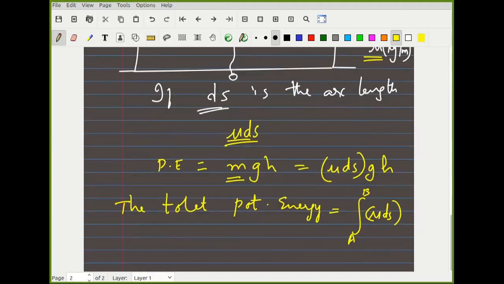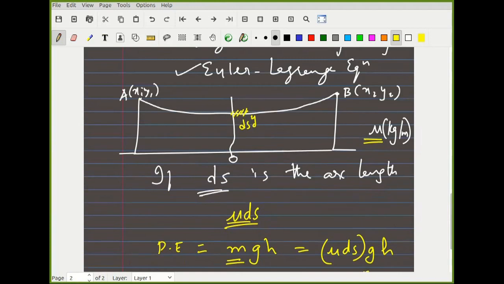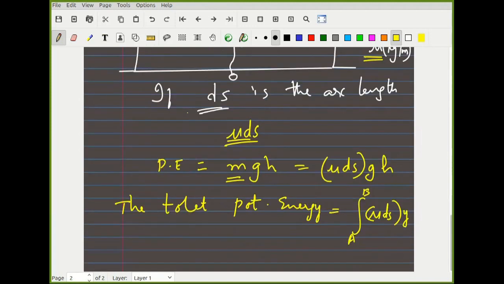So along the curve, at any given position, let it be P(x, y). So the height will be y. So we have mu g y ds. Because mu is a constant and gravity is a constant, we just have y ds from A to B.